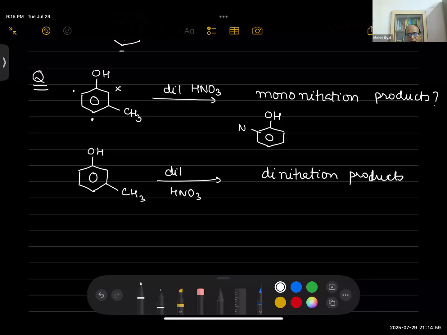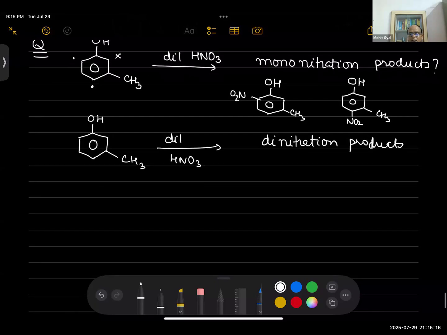Either we choose this, or we choose the lower position, but not the ortho position in the middle. Got it?